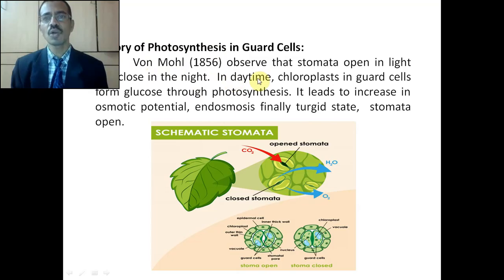In the daytime, chloroplasts, which are present in the guard cells, form glucose through photosynthesis. So glucose is synthesized during the daytime in the guard cells because guard cells contain chloroplasts. Chloroplasts carry out photosynthesis during the daytime using the sunlight and form glucose. So formation of glucose in the stomatal cells leads to an increase in the osmotic potential and then influx of water.